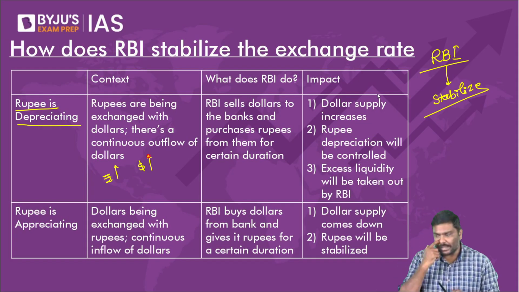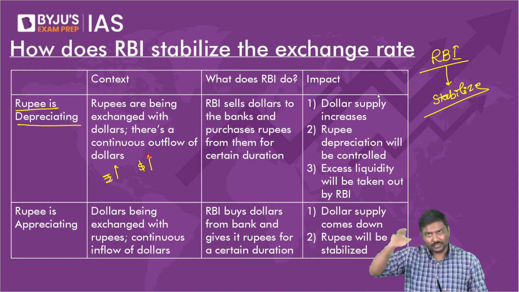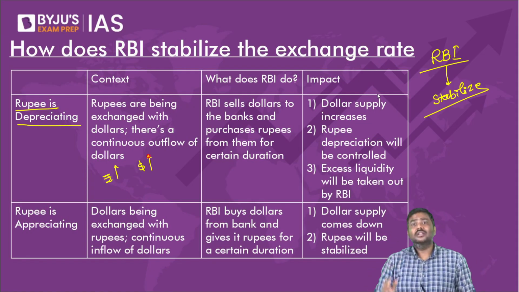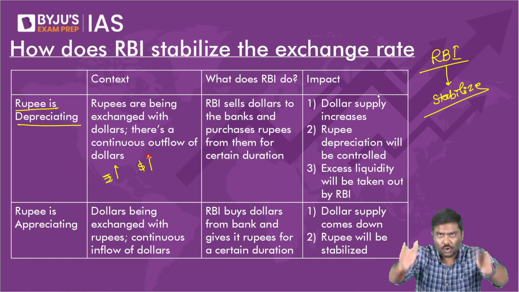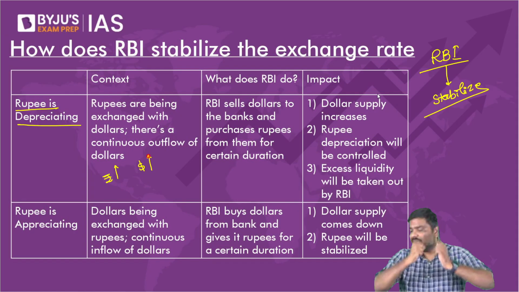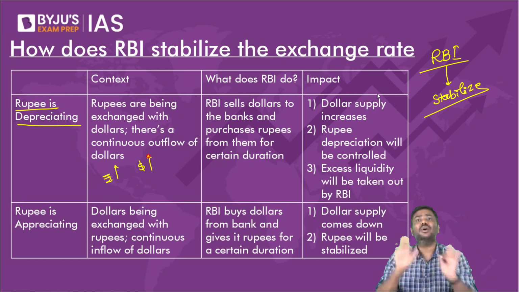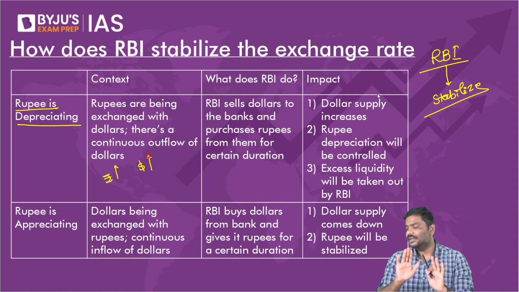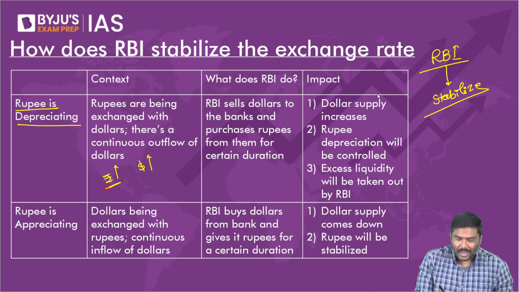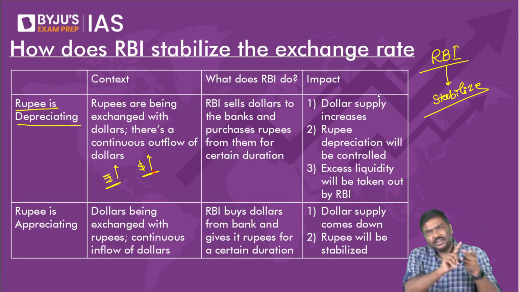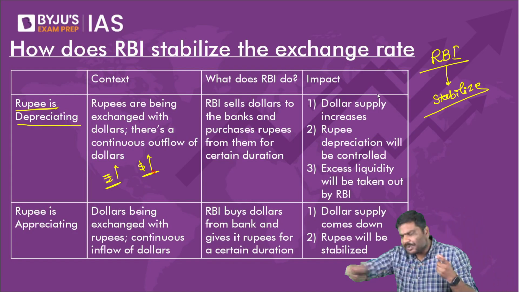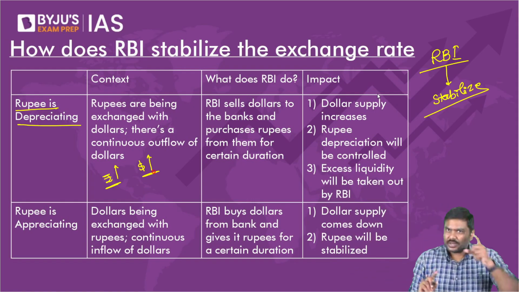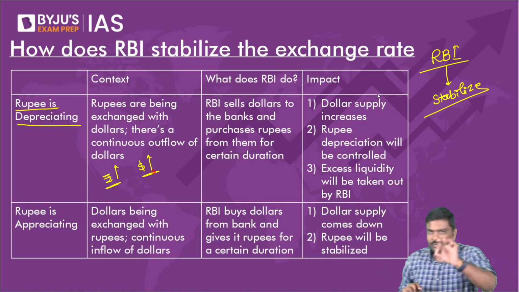If the rupee is continuously depreciating, what does it mean? It simply means in the foreign exchange market, a lot of rupees are being sold and a lot of dollars are being purchased. Correct or not? Please participate. And this is the reason why continuous fast rupee depreciation happens.